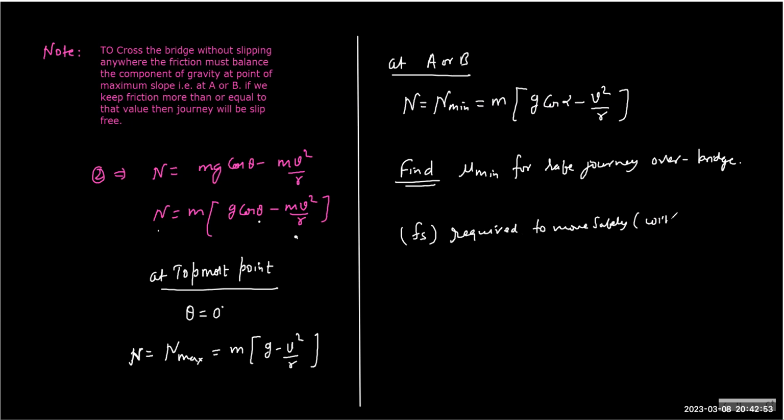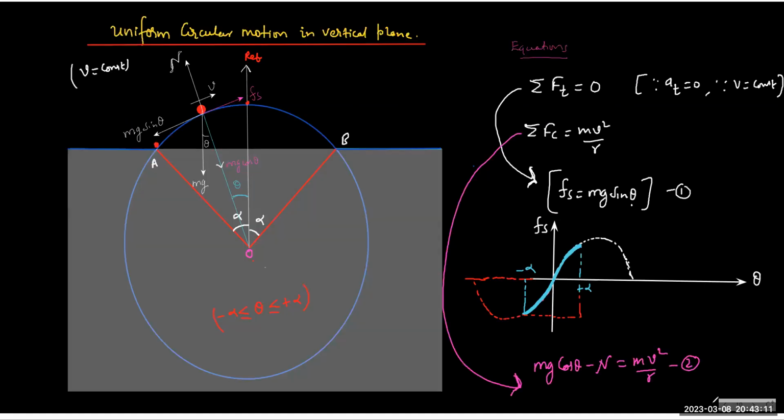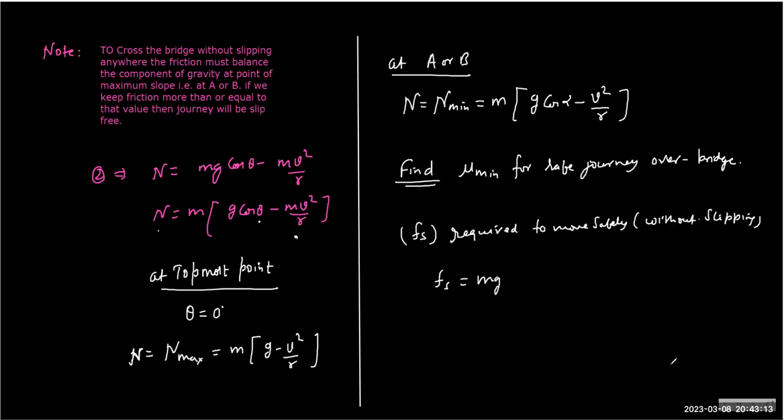Safely means without slipping, that's it. So Fs required has to be maximum, which is mg sin alpha.